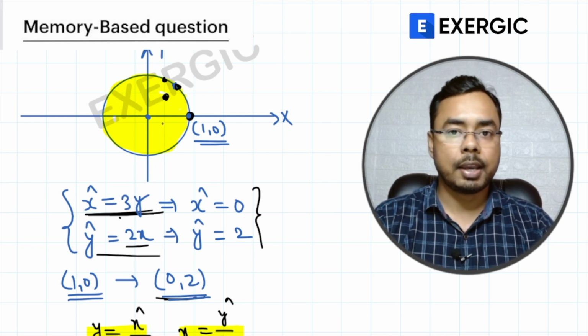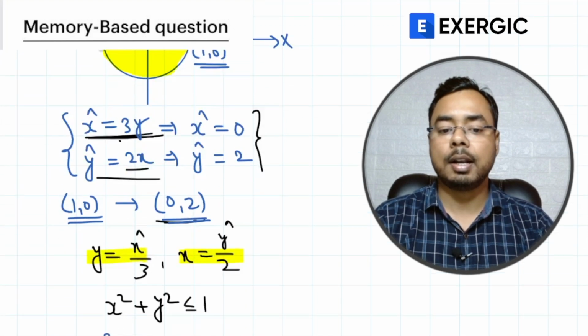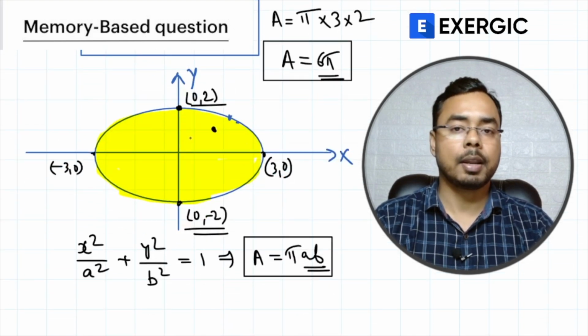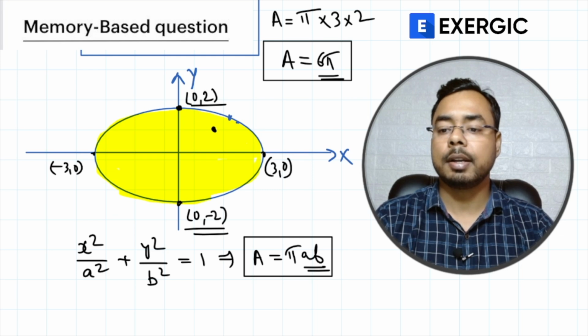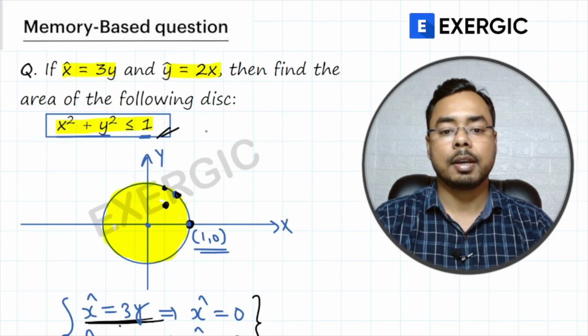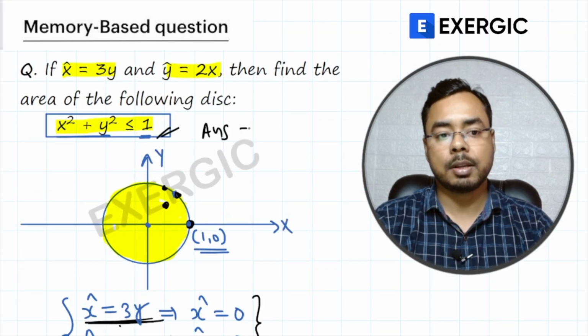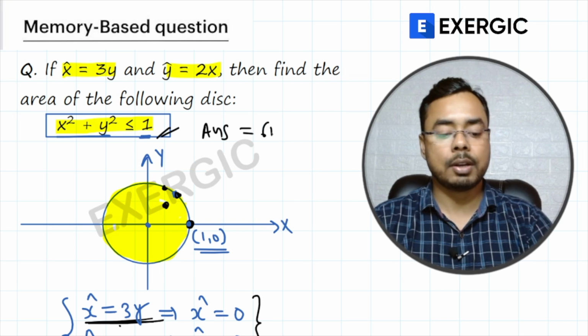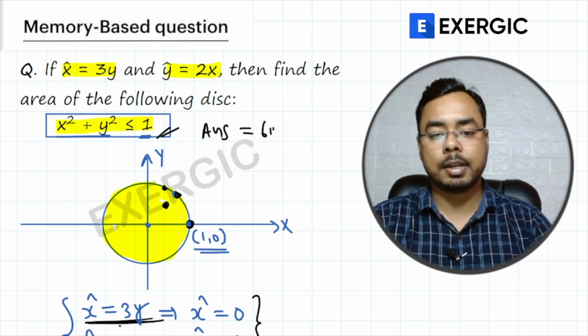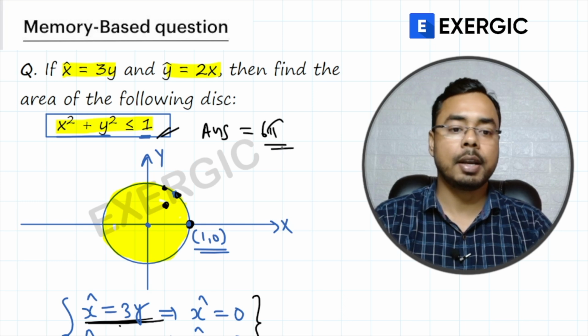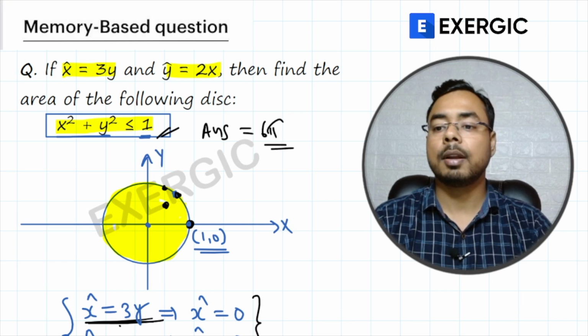So we have to find the area of this elliptical disk, and the area will be 6 pi, and therefore the correct answer to this problem is 6 pi. Now you can substitute the value of pi and you will get 16 point something as your answer, right? So this was our fourth problem.